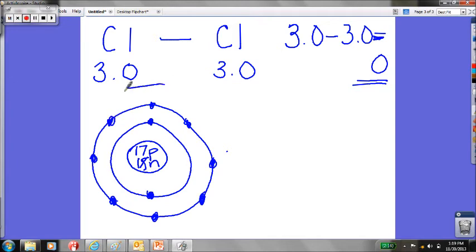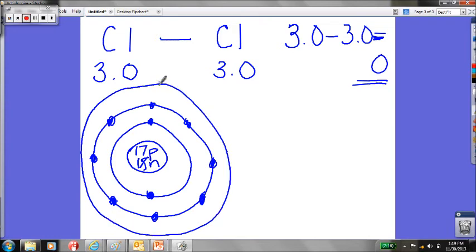Still not done. I need another energy level. So 11, 12, 13, 14, 15, 16, and 17. So now I have my 17 electrons in their proper energy shells.